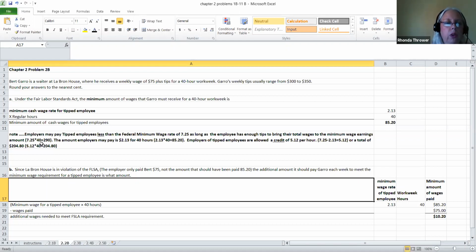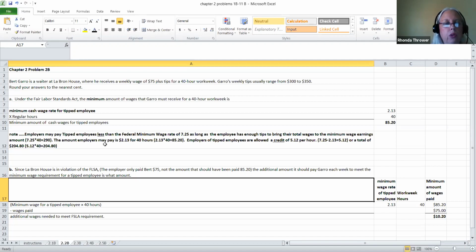In other words, the tips plus what the employer pays should amount to at least $290, which is $7.25 times 40 hours. It's the minimum wage times 40 hours. All employees need to be paid at least $290.